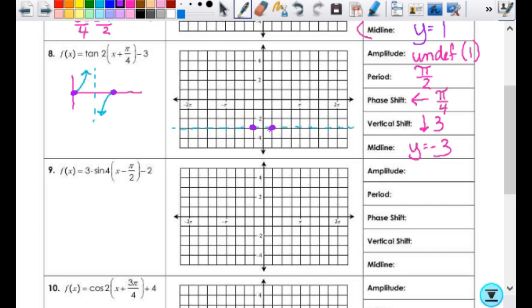Then half, half, half. Halfway in between that is an asymptote. Halfway in between the first intercept and the asymptote is going to be my amplitude that isn't really an amplitude, right? And it goes up +1 because there's no reflection. And then between these two, it's a -1.